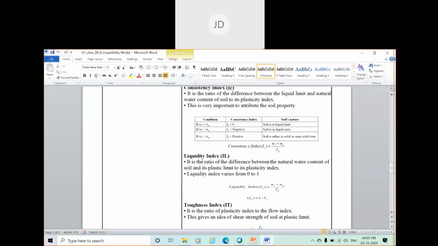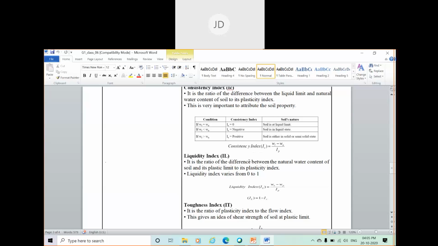Then it is liquidity index. It is similar to consistency index, denoted by I suffix L, not IL; L should be in a suffix. So how can you find out this liquidity index? Almost similar to consistency index: natural water content minus plastic limit, divided by plasticity index.